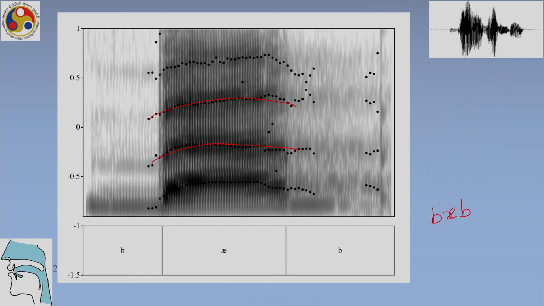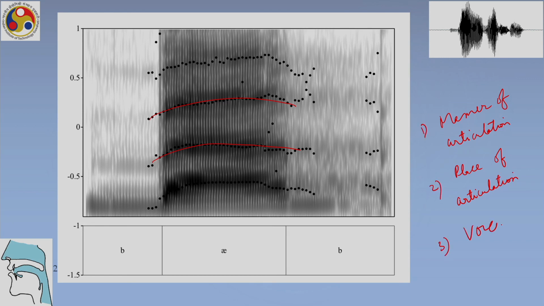So, recall two things: manner of articulation, place of articulation, and also a third thing, voicing. This is the way we had characterized the properties of sounds with regard to their articulation. Now, in acoustics, how do we see these properties?